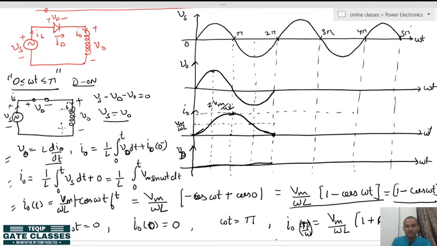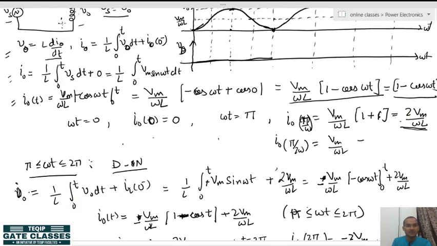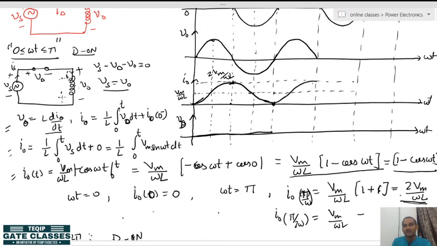For 2 pi to 3 pi, you will get it like this, and the current will again go like this. When 3 pi to 4 pi comes, it repeats the pi to 2 pi instant, and all these equations are valid here also. So again the load current will be like this.